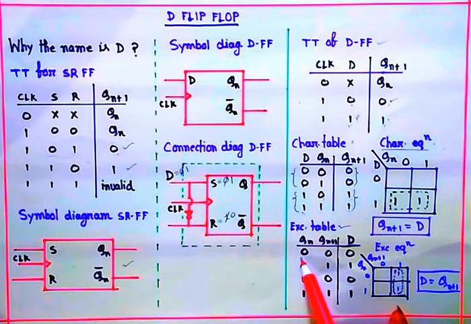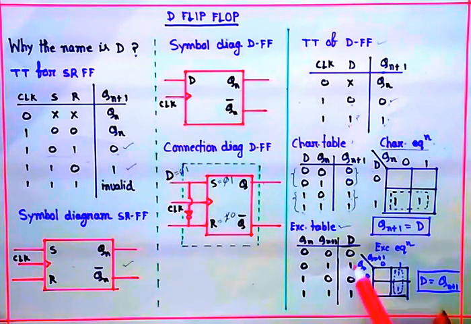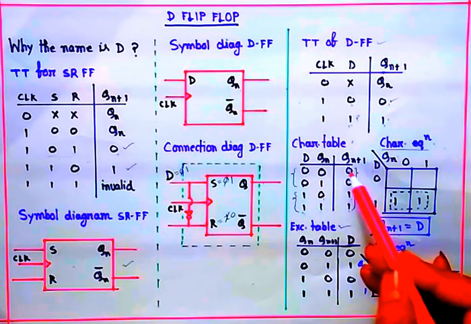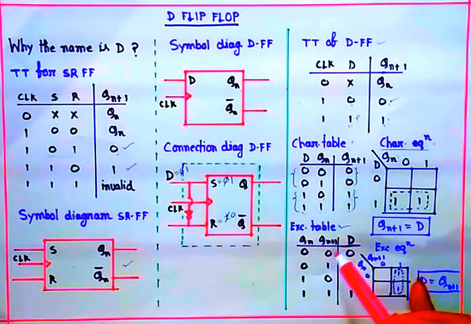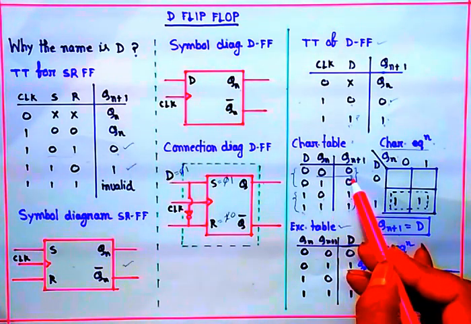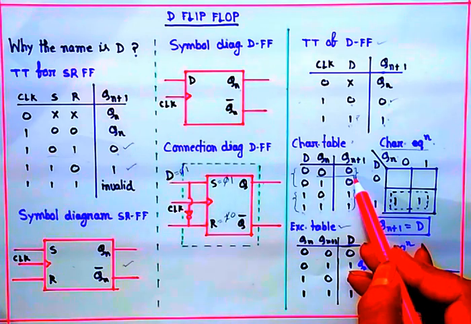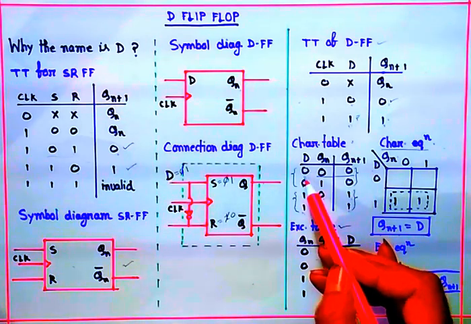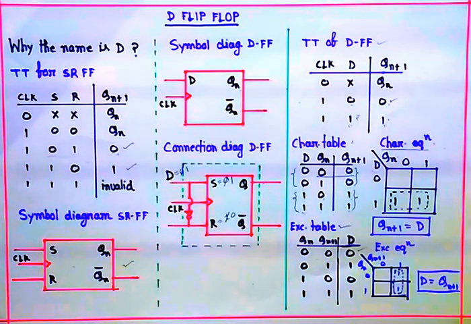So when Qn and Qn plus 1 is 0 0, what will be the value of D? Let's take the help of characteristic table. Qn and Qn plus 1 0 0. That means this line where Qn and Qn plus 1 are both 0. At that time D was equal to 0. That means put 0 here.